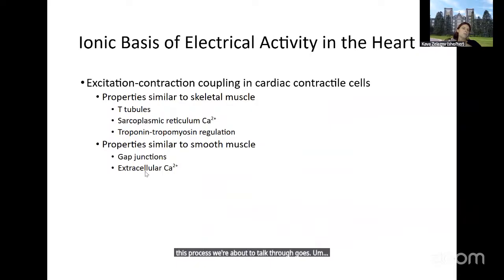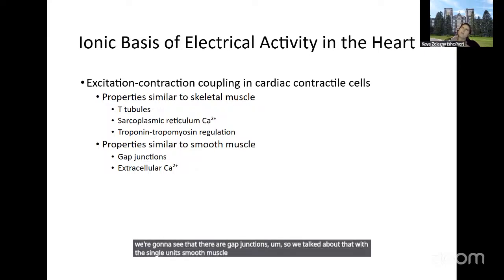What's going to be similar to smooth muscle instead, so this muscle that we see in your intestines or your blood vessels, is that there are gap junctions. We talked about that with the single unit smooth muscle, one of our types of smooth muscle that we mentioned before break.